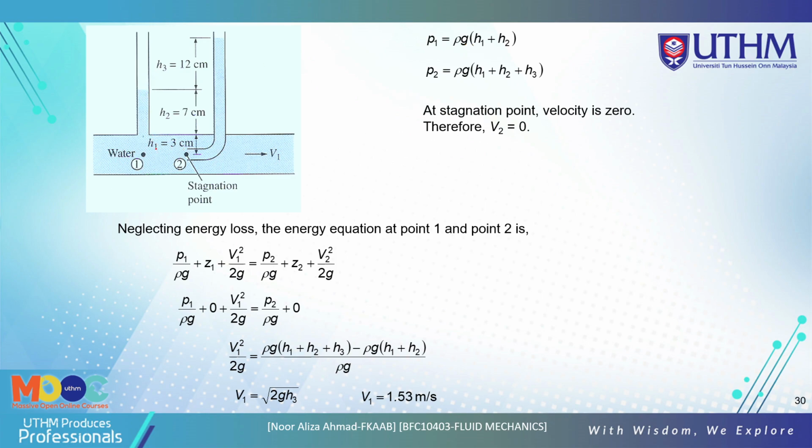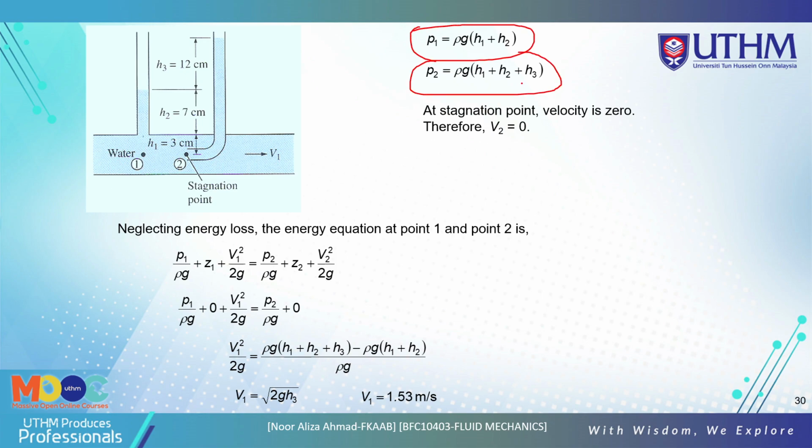H1 is 3 cm, plus H2. So this is the pressure at 1. And the pressure at 2 includes the density of this fluid times g times H1 plus H2 plus H3. So we get the pressure at 1 and the pressure at 2.